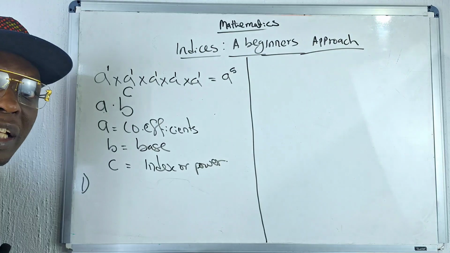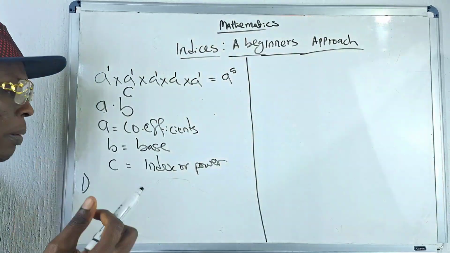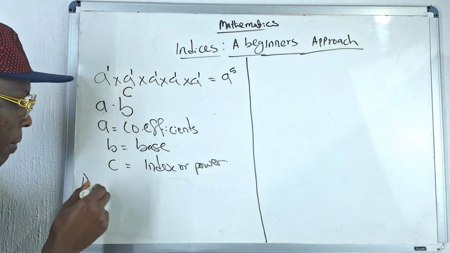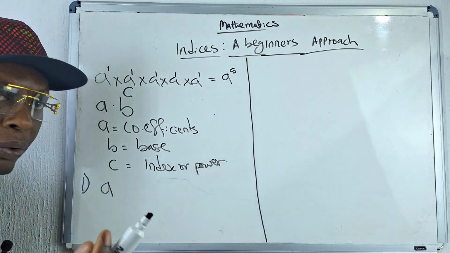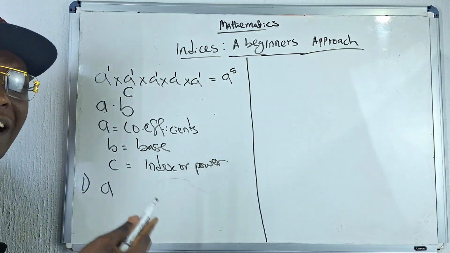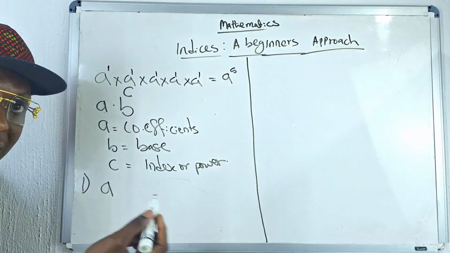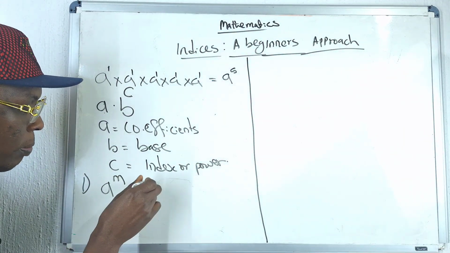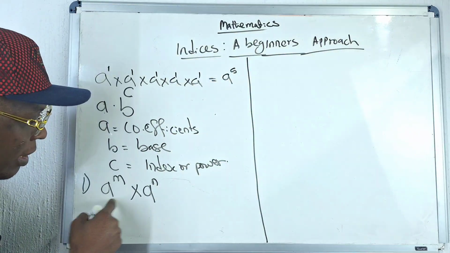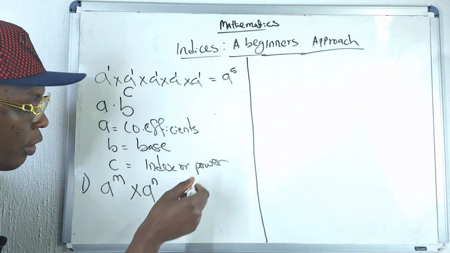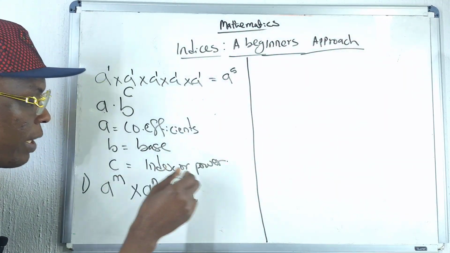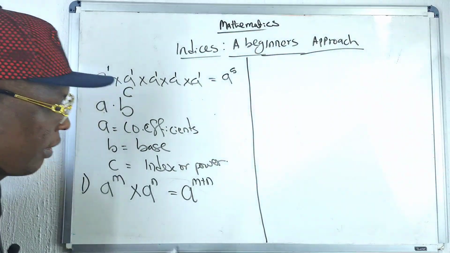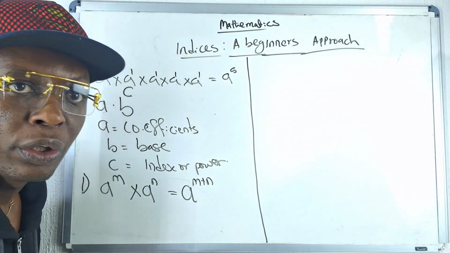Now, what does this multiplication rule state? It states that when you have two powers with the same base, for instance, A raised to power m times A raised to power n, when the bases are the same, you take one of the bases and sum up the powers.